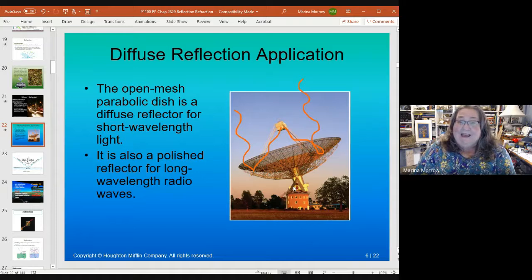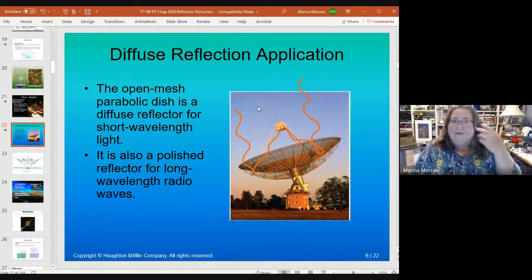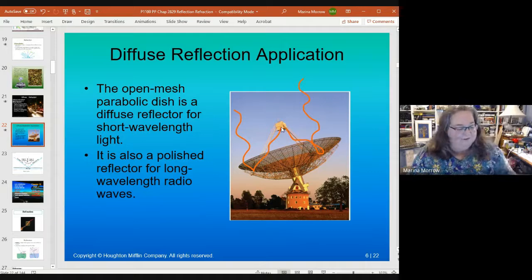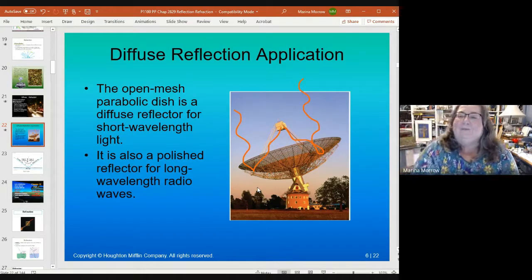But to make it light enough to be used, it's also an open web of metal that to our eyes looks like it's full of holes. But the radio waves are so much larger than the light waves we use for visible light that to radio waves it looks like a polished surface. And so beams of radio waves are reflected back to this receiver.